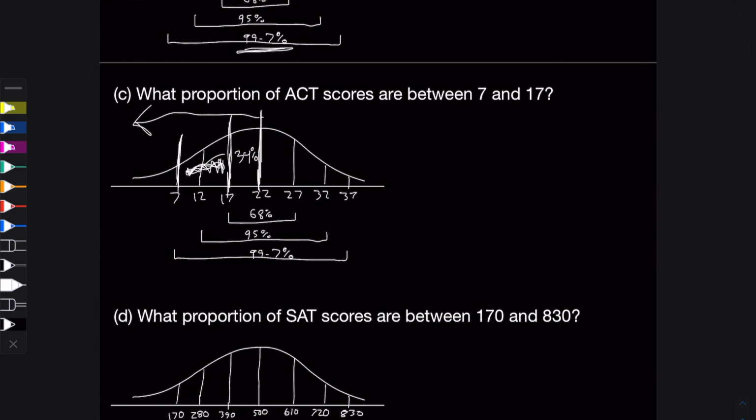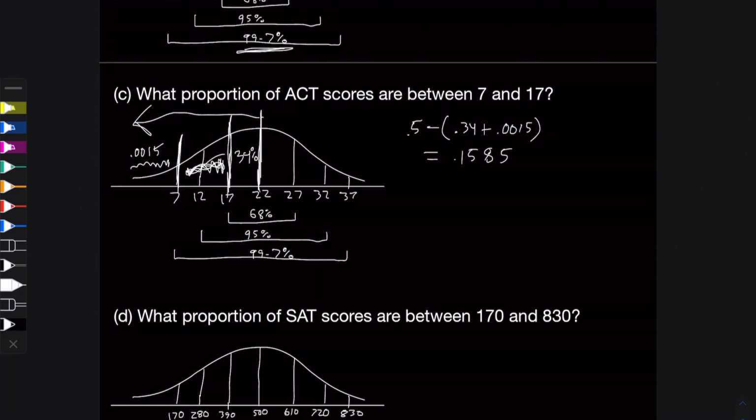And we remember this tail right here, which we found in the last problem, is 0.0015. So if we say 0.5 minus 0.34 plus 0.0015, this will equal 0.1585. And I would say that's the fastest way to do that.